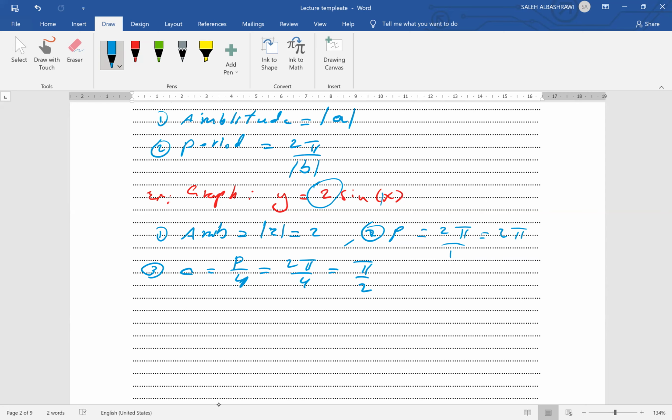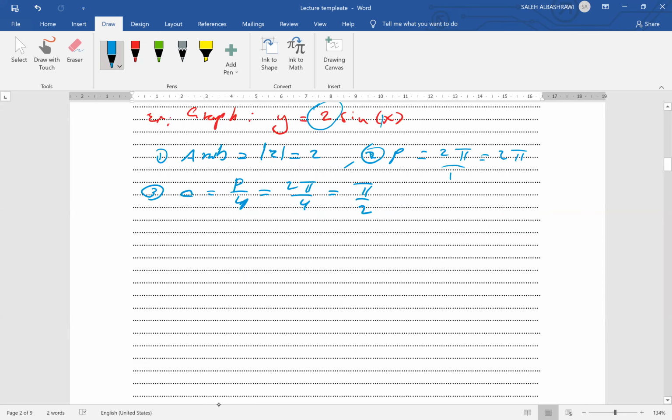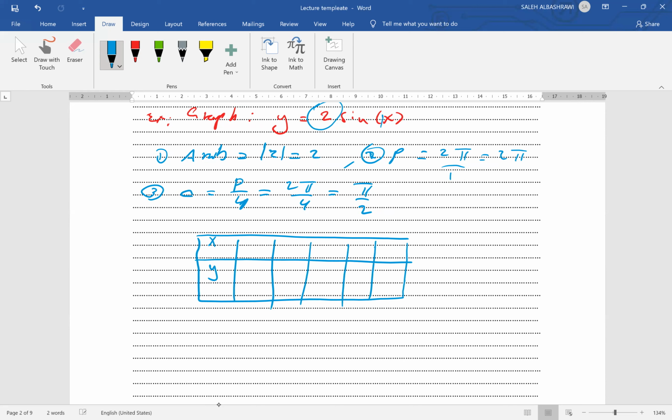Now to find the values for y equal to 2 sine x, I have x and we have y. For the values of x, I will use 5 points.